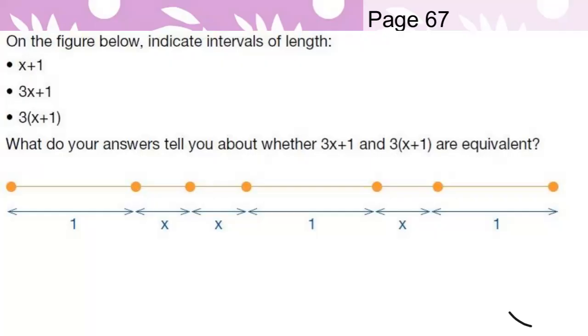And we just showed 3 different ways to do it. But yes, taking 3 of them times x plus 1, yes, because it's 1, 2, 3. So 3 of these is the same as 3 times x plus 1. But 3x plus 1 in blue is not the same as 3 times x plus 1.